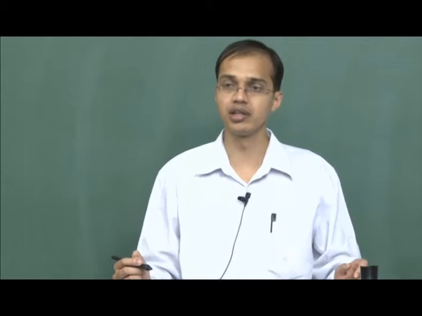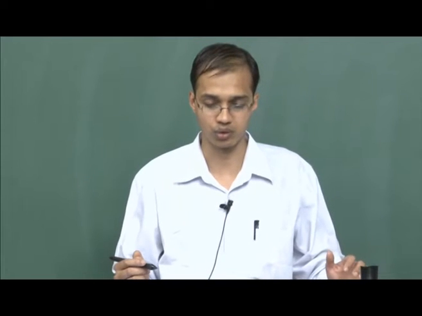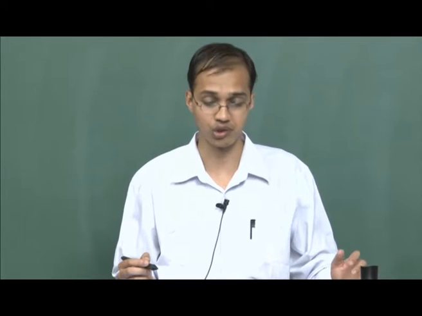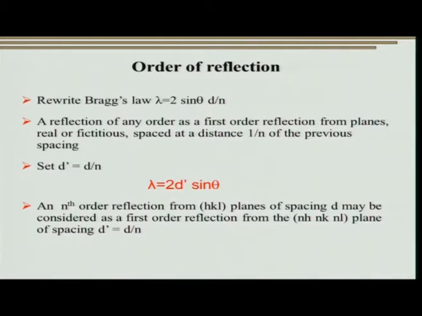Another important thing which we would like to locate in Bragg's law is what is known as the order of reflection. If you look at Bragg's law, which is n lambda equals 2d sin theta, and rearrange the terms, we get lambda is equal to 2 sin theta into d over n, and therefore we can say that a reflection of any order is a first order reflection from planes, real or fictitious, spaced at a distance of 1 by n of the previous spacing.